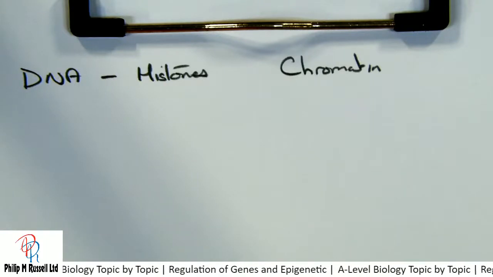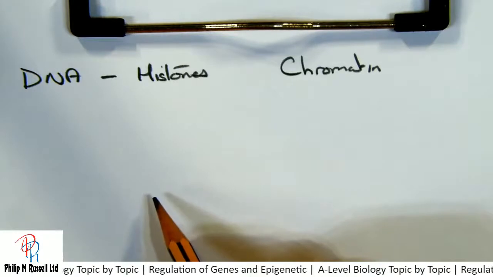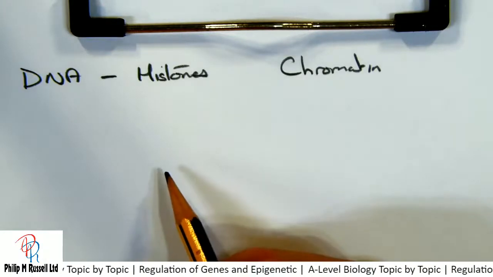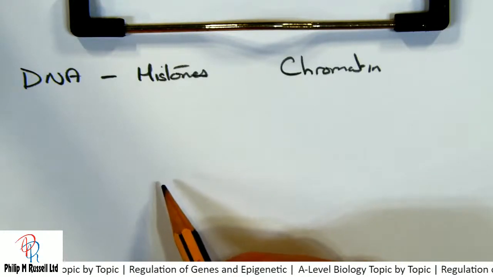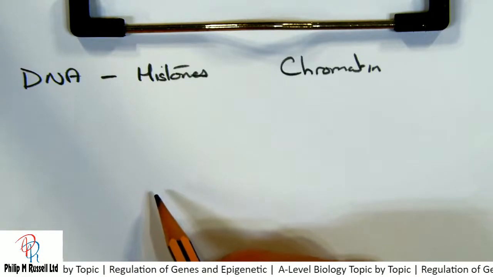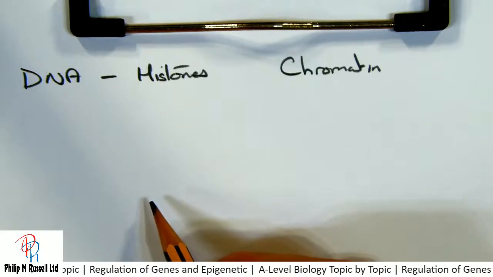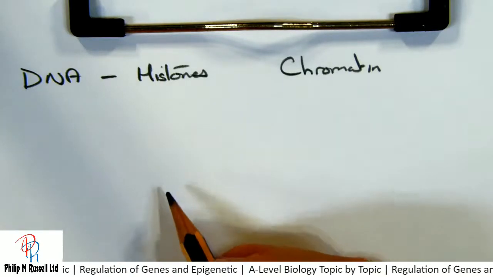Where this association is strongest, the DNA histone complex is more condensely packed, and therefore this DNA is not accessible by any of the transcription factors, which means that mRNA can't be made.